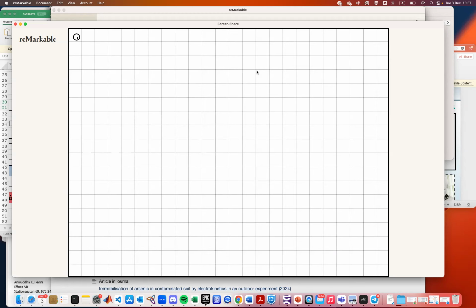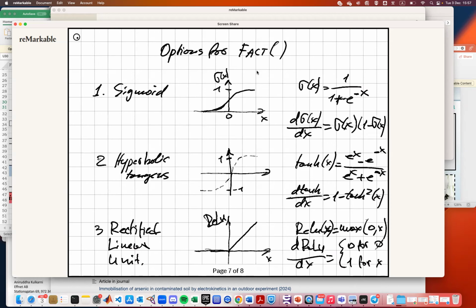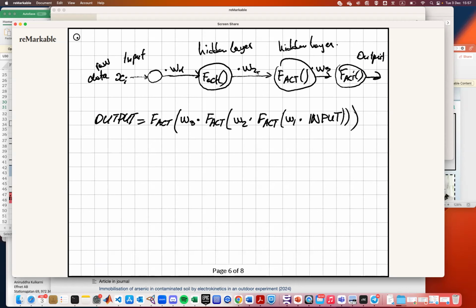But again, to be treated mathematically, you need to do an extra computational step. And that is what is happening here.